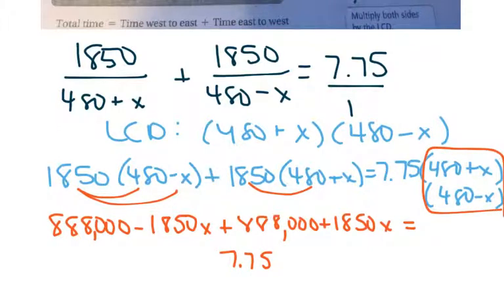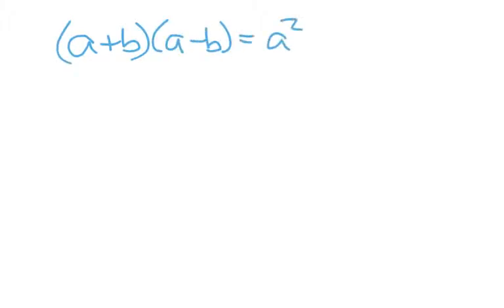This is one of our special products. It is the product of the sum and difference. So let me go to the next page here. The product of the sum and difference, when you get a plus b times a minus b, when you FOIL it out, you end up finding out that the middle terms cancel, and we're left with a squared minus b squared.